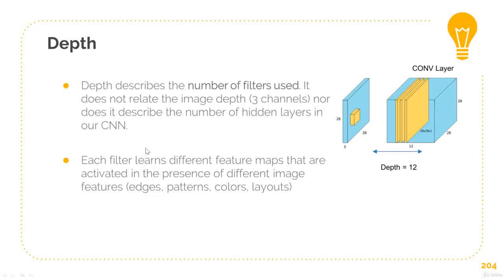And each filter, during training, learns different attributes that end up corresponding to different features on this image. Right now that sounds a bit vague, like how do these filters end up learning different things? It has a lot to do with the random weight initialization and what it picks up during training. It's a bit of a black magic type thing, honestly. However, it does make sense when you drill down into it. So depth refers to the number of filters being used here.